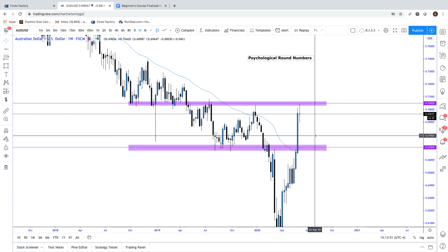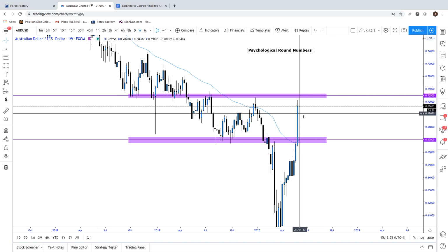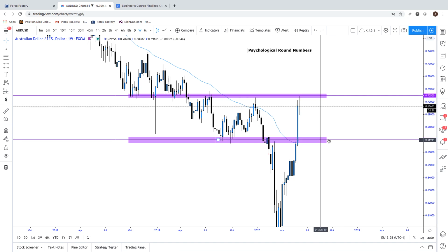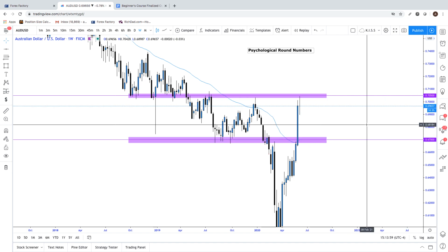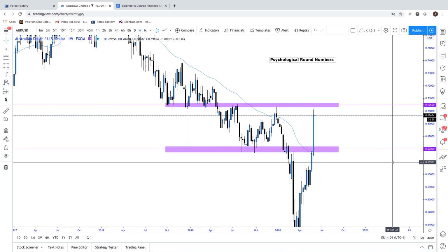Okay, it's a natural phenomenon where if price comes down into a level like 0.6700, one might think, okay, maybe this is a good price for me to enter or exit the market. And so therefore we often see reactions and big moves off of these types of levels.